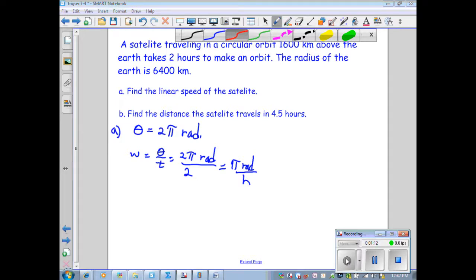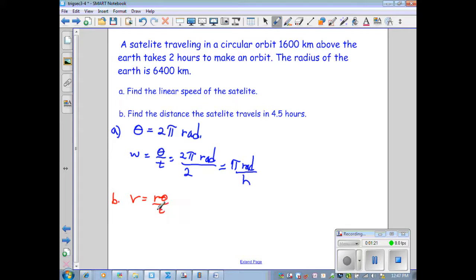The first thing we need to do here is to find the velocity. But remember, the velocity is going to equal r theta over t. We're given the radius to be 6,400 kilometers. And we determined theta over t on part A, which is going to be pi radians per hour.